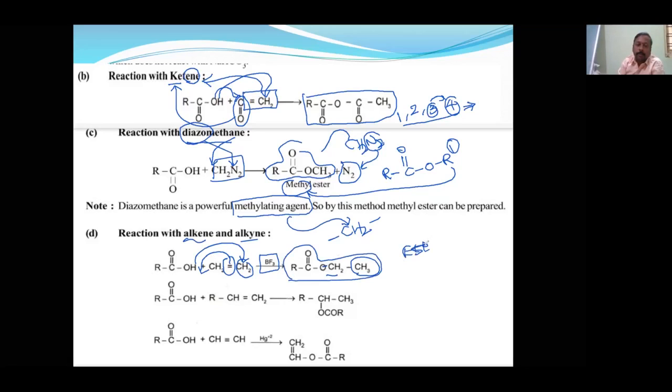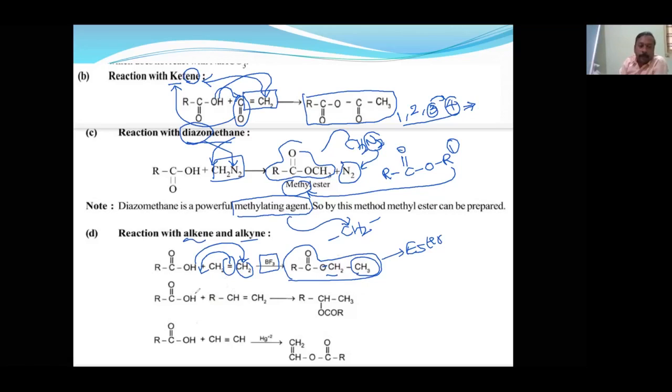It is some simple ester. Simple ester means the alkyl group can be anything other than CH3. Okay. Next, this is ethylene.